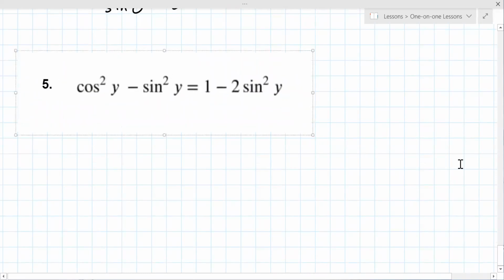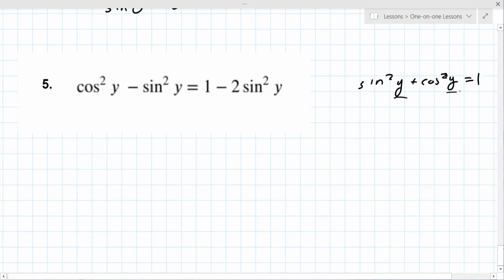Okay. This one, I don't know which one's more complicated, the left or the right. One thing's for sure though, because we're doing squareds, we're definitely going to be using some variation of this: sine squared y plus cosine squared y equals 1. By the way, this letter can always change. Sometimes it's theta, sometimes it's x, doesn't matter.